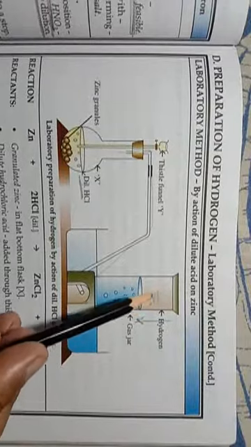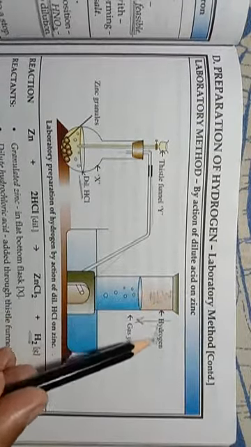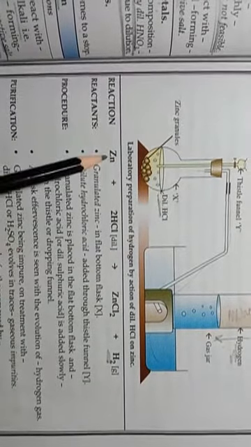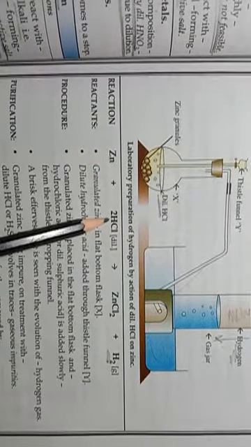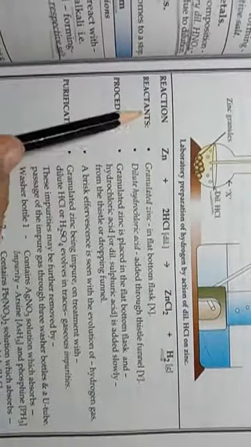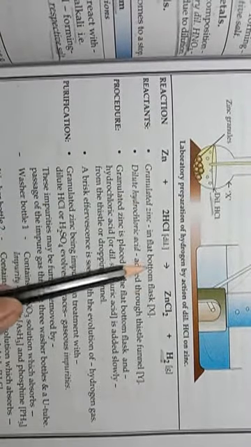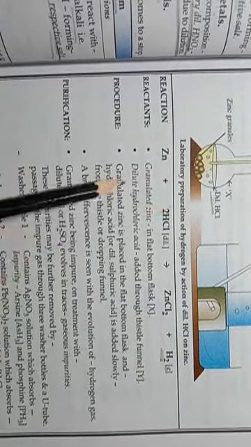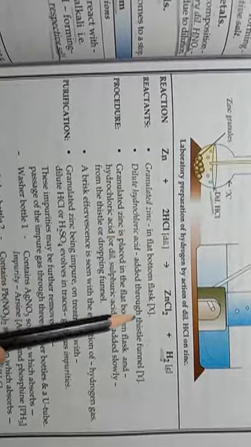Okay, so this portion of the gas jar has hydrogen gas. The reaction is given here. Zinc when reacted with HCl forms zinc chloride and hydrogen. Reactants: granulated zinc in flat bottom flask X. Then dilute hydrochloric acid added through the thistle funnel from here.